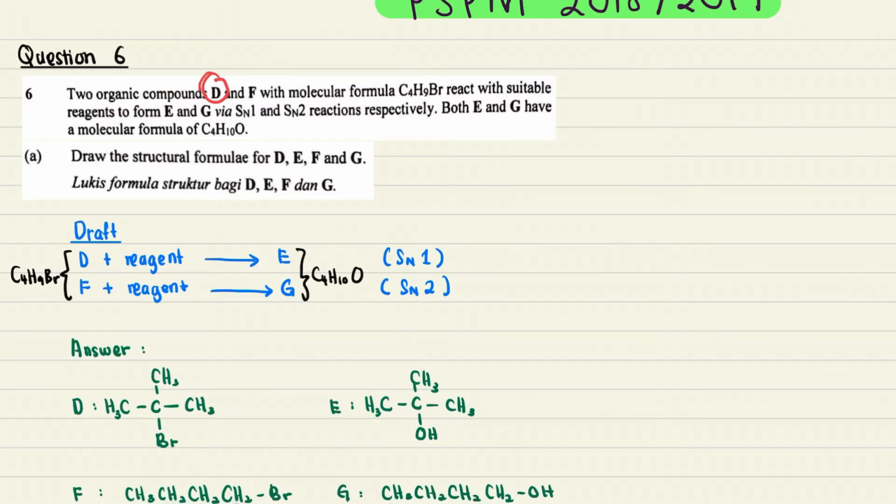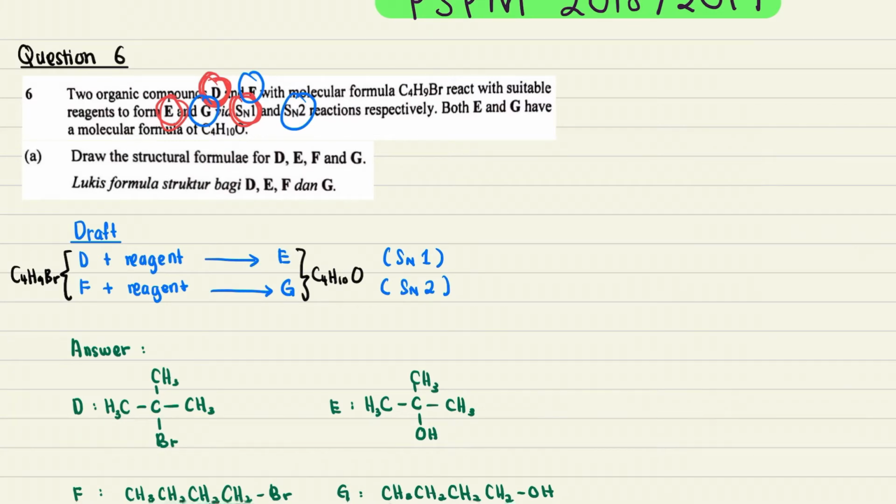So since D dulu before F, so maksudnya D menghasilkan E. Okay, so D menghasilkan E melalui cara apa? SN1 ke SN2? Since dia sebut SN1 dulu, so SN1 lah. So D, E dengan SN1 tu adalah benda yang sama. While this one F, G, SN2. Okay, itu geng dia. Tengok yang mana dia sebut awal, itu yang dia punya ayat seterusnya lah, geng dia.